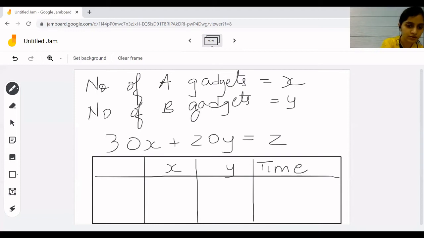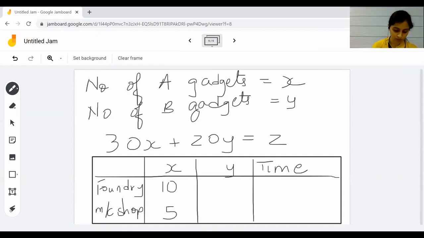And we have over here the foundry and the machine shop. So gadget A takes 10 hours in the foundry and it takes 5 hours in the machine shop. Gadget B takes 6 hours in the foundry and 4 hours in the machine shop. Total hours of the foundry that are available are 60 and total hours of the machine shop are 35.